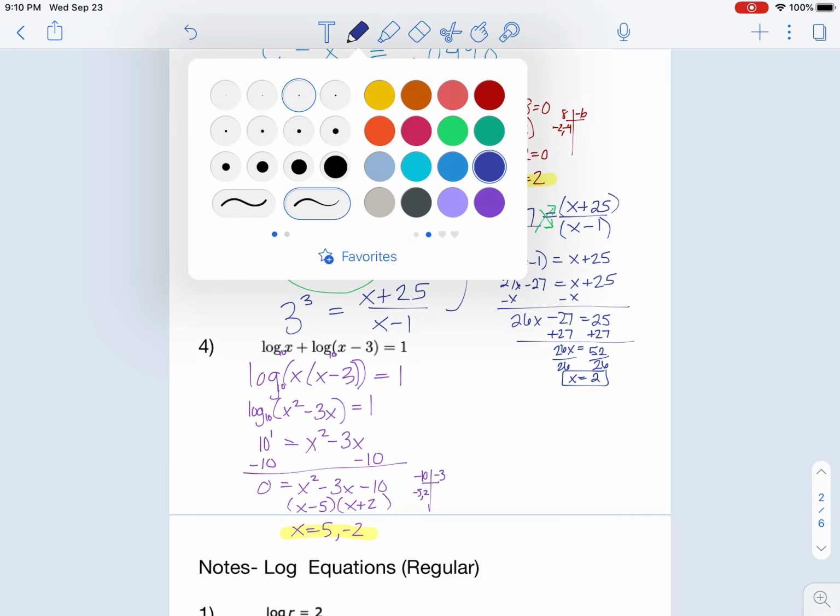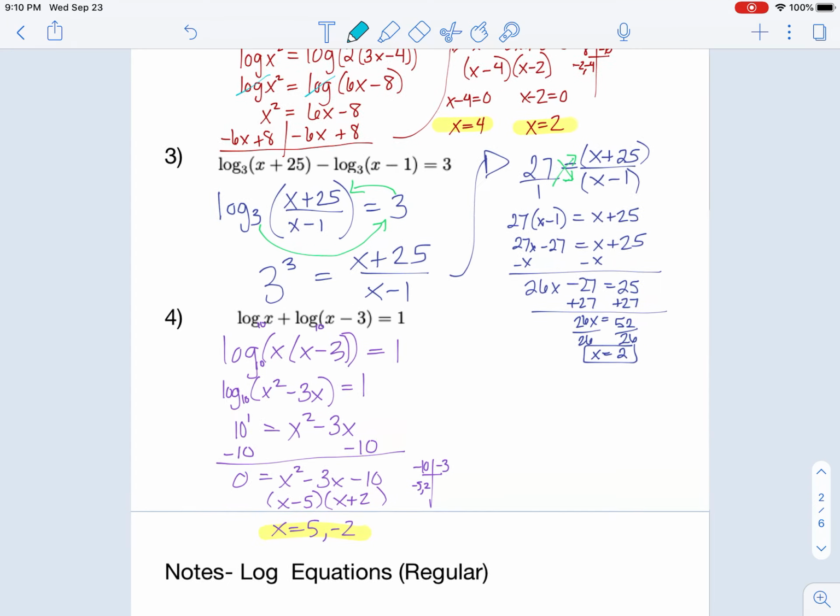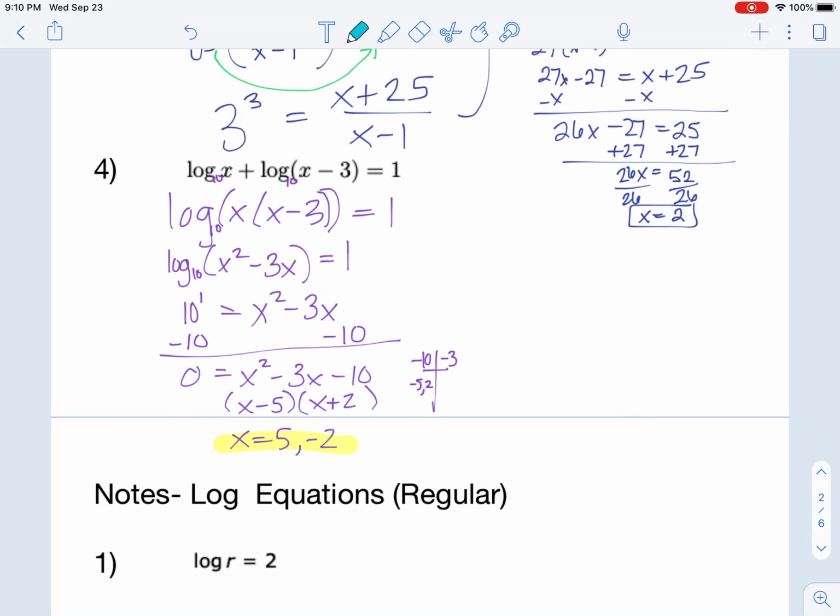And the reason why I need to talk about this is because on your Delta Math practice from yesterday, you probably realized that some of these solutions don't work. And the reason for that is that a logarithm has a restricted domain. If I were to graph these logarithms, they would have a vertical asymptote.